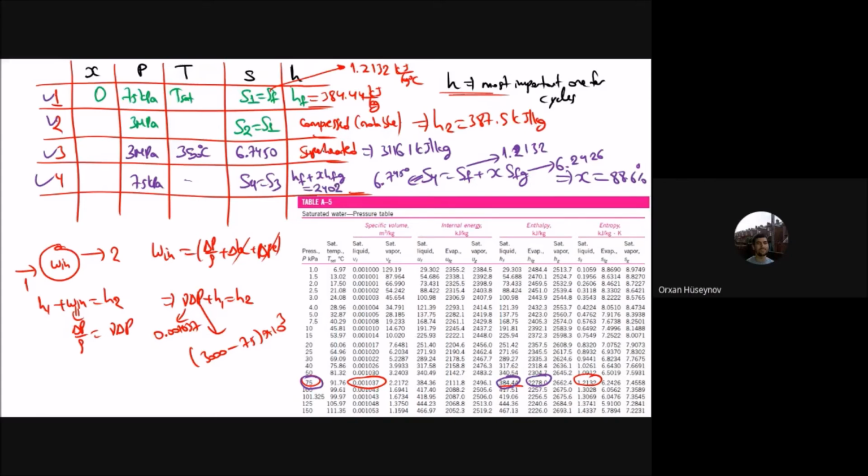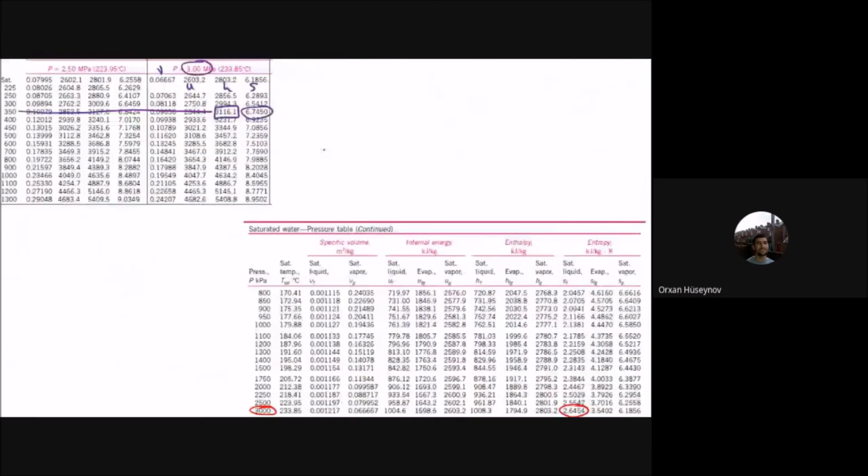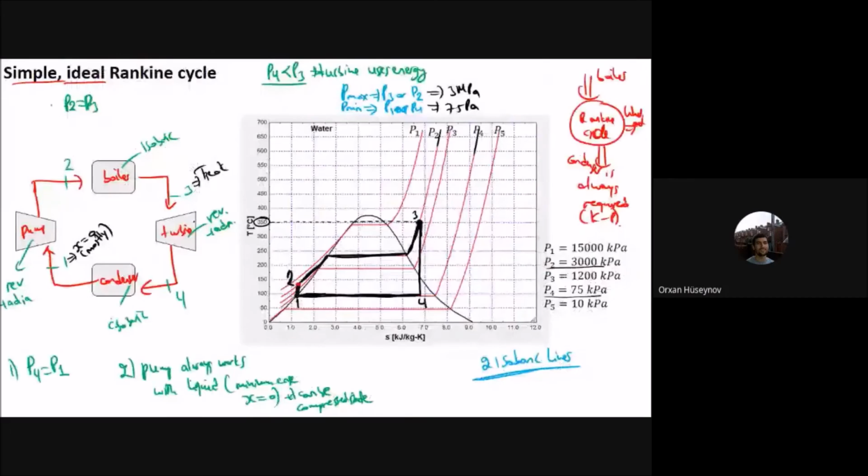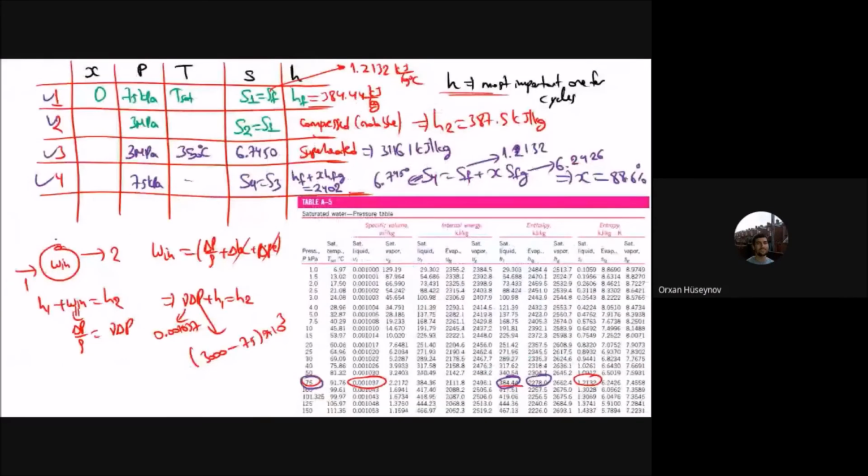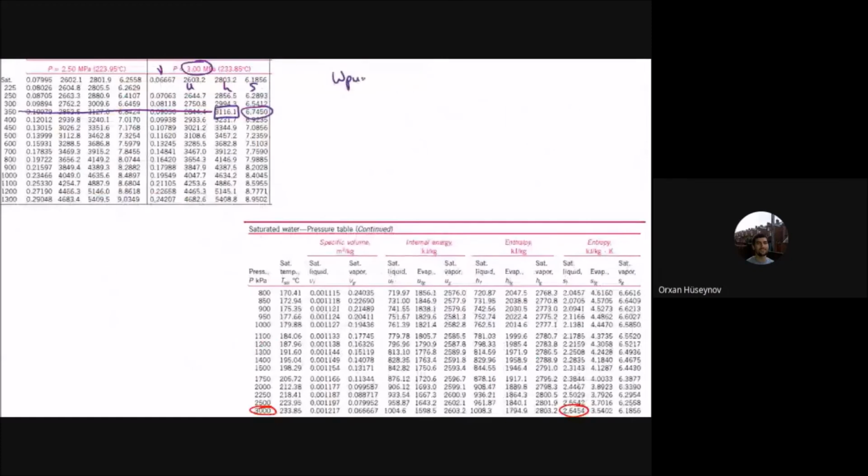Now the next is that I know the work of the turbine and the work of the pump. The pump work, as we have set, is nu into delta P, and when you calculate it, you will get the pump work as 3.032 kilojoules per kilogram. You can see it is a very small value, the reason being the small specific volume.